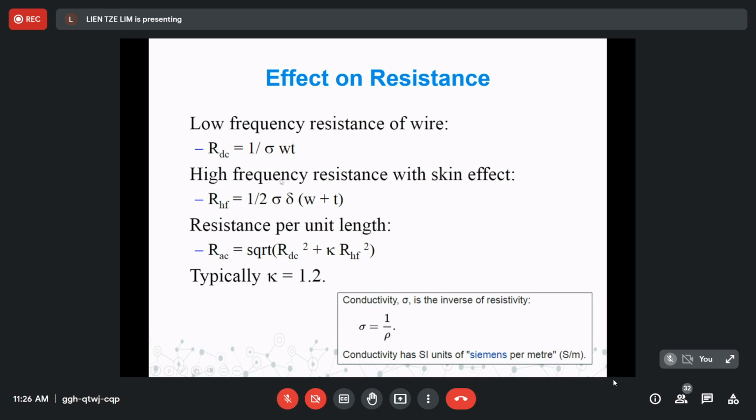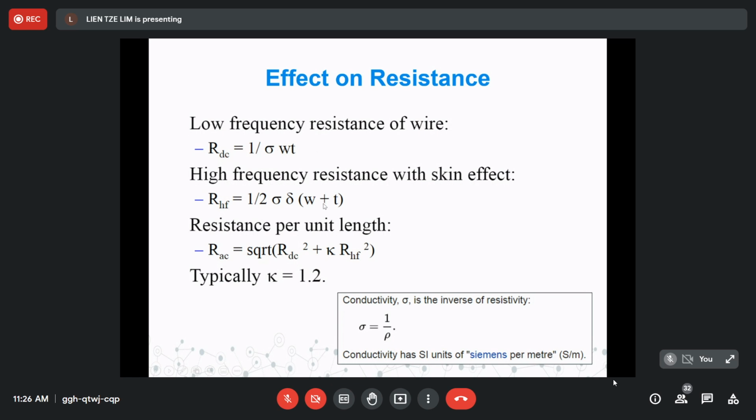And the high frequency resistance with skin effect is given by this one. We can use these formulas to determine the high frequency resistance. And the resistance per unit length, this is the formula. All these formulas are for your reference, you no need to memorize.